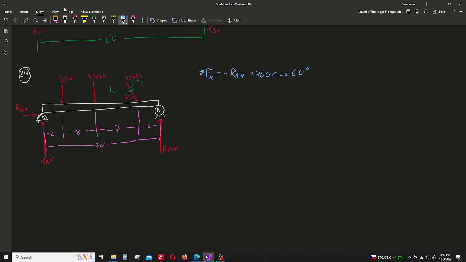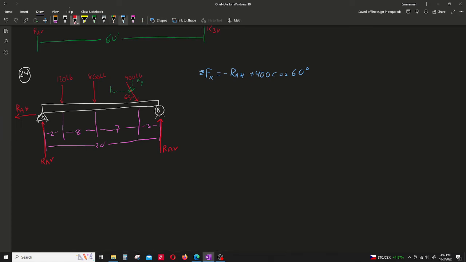The reason why RAH is negative is that since you have a force going to the right, you need to be in equilibrium, so you have to have a force going to the left to counterbalance that. So this one would technically be going to the left.